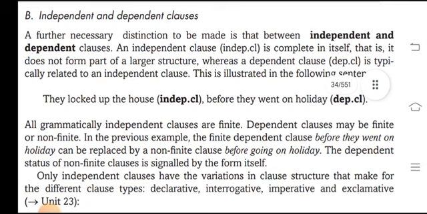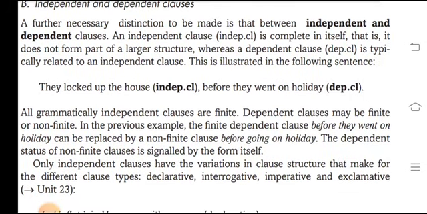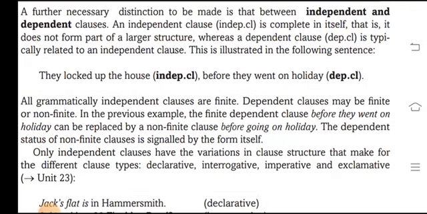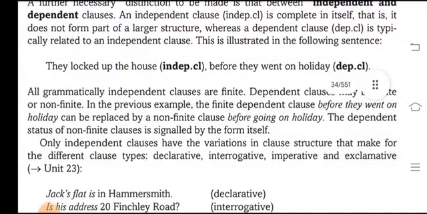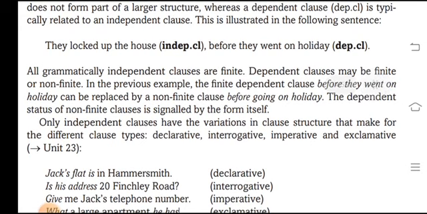Independent and dependent clause. Other further necessary restrictions to be made is that the distinction between independent and dependent clause: the independent clause is complete in itself, that is, it does not form part of a larger structure, whereas the dependent clause is typically related to the independent clause.